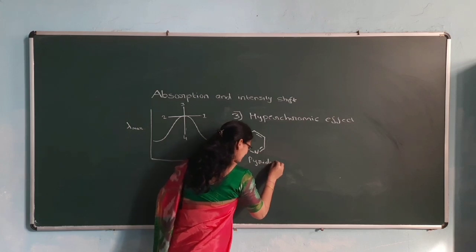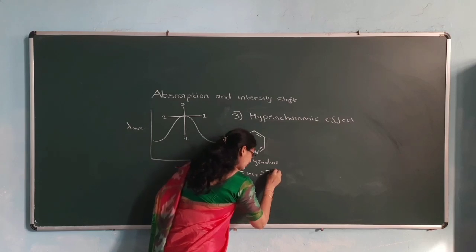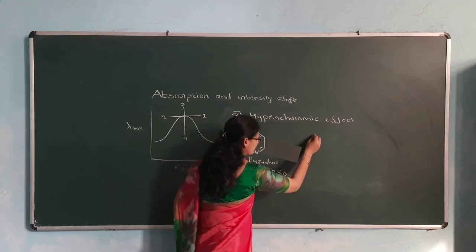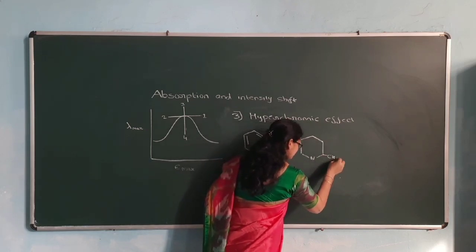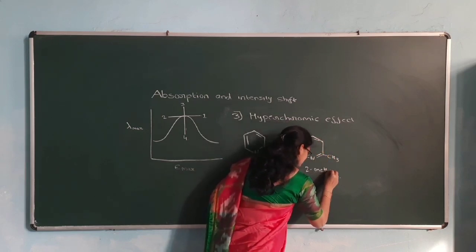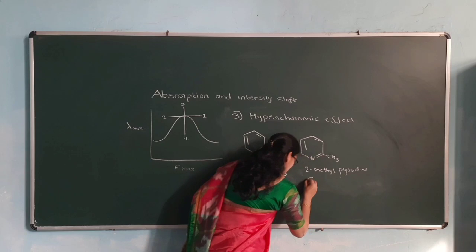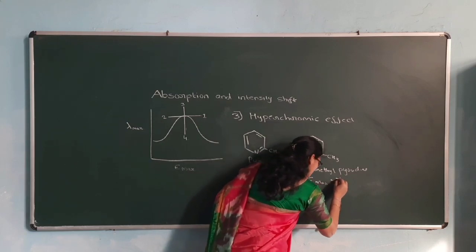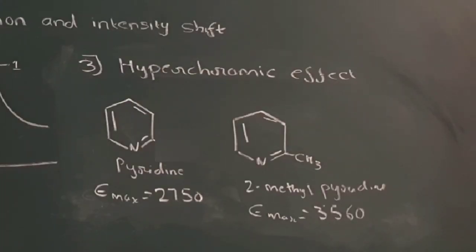Its intensity of absorption, that is epsilon max, is 2750, and that of 2-methyl pyridine, epsilon max is 3560.